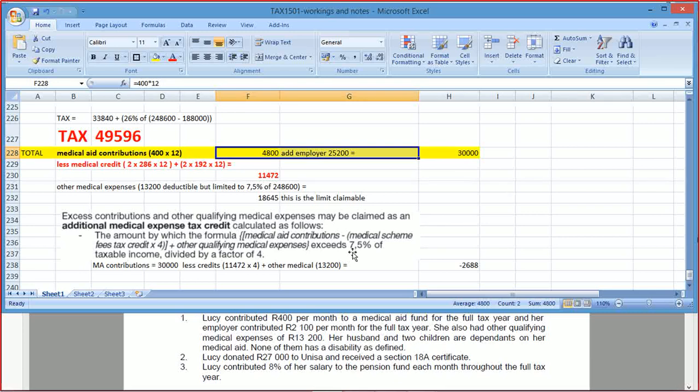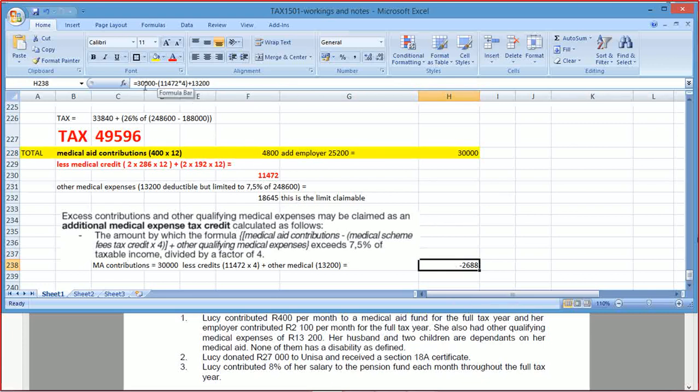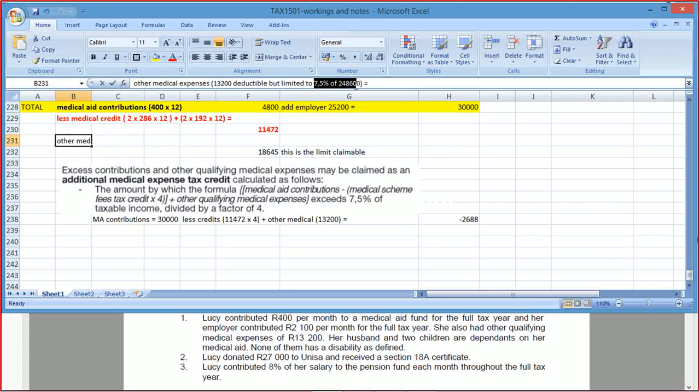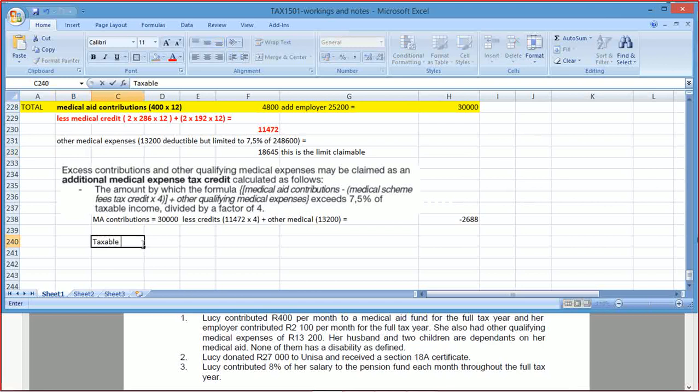And then they said plus other qualifying medical expenses, which was 13,200, which is right. Exceeds 7.5% of the taxable income divided by a factor of 4. So it shouldn't be negative, because remember it must be the amount that exceeds. If it's negative, it won't exceed the taxable income.